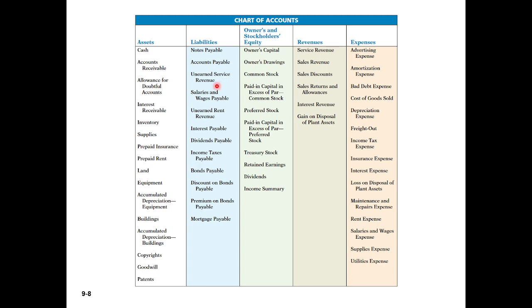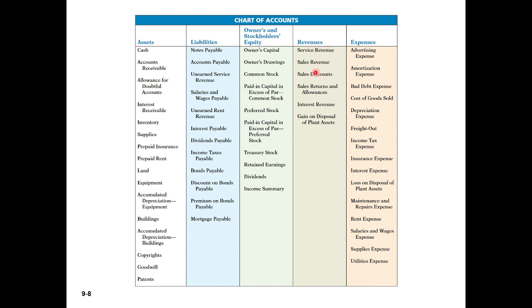Liabilities: notes payable, accounts payable, unearned service revenue, salaries and wages payable, unearned rent revenue, interest payable, dividends payable, income tax payable, bonds payable, discount on bonds payable, premium on bonds payable and mortgage payable. Owner's and stockholders' equity: owner's capital, owner's drawing, common stock, paid-in capital in excess of par, common stock, preferred stock, paid-in capital in excess of par, preferred stock, treasury stock, retained earnings, dividends and income summary.